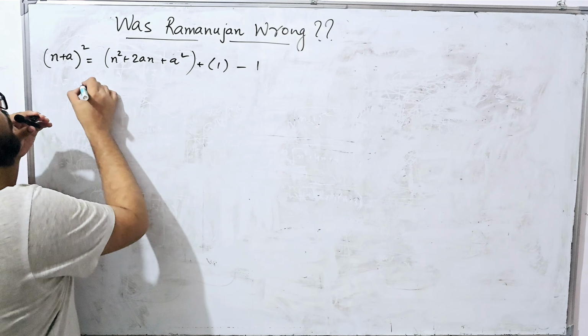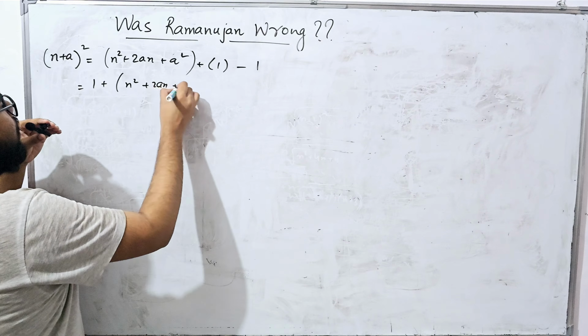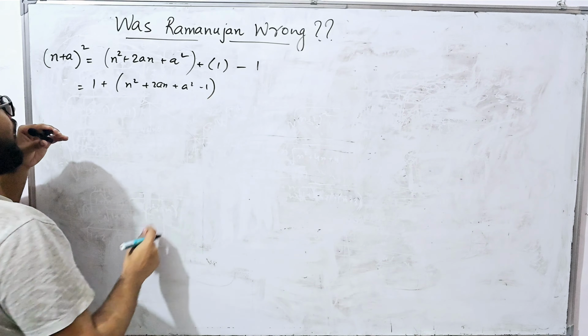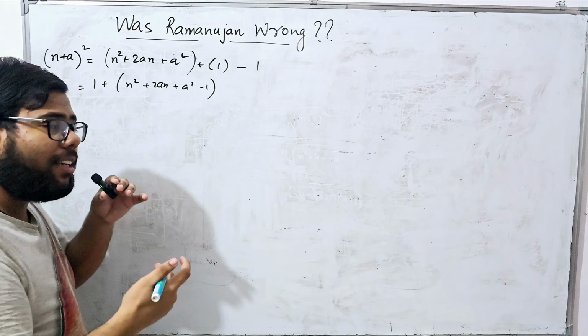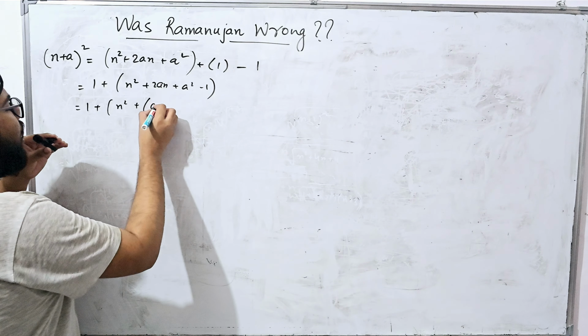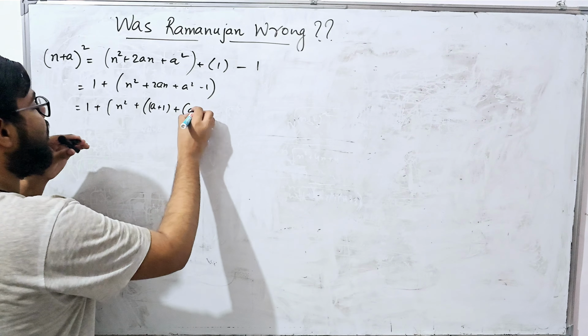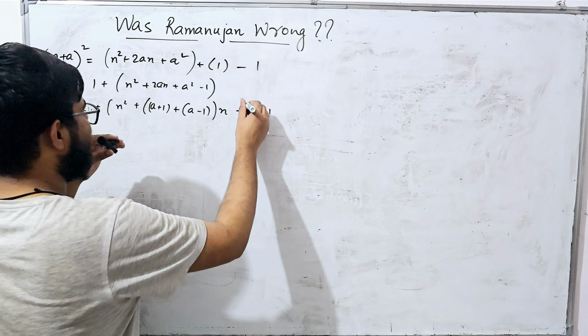Let's do it. So we get 1 plus n square plus 2an plus a square minus 1, right? This is the expression. Now you can factorize this expression very easily. Let's see how. You get 1 plus n square plus a plus 1 plus a minus 1 n plus a square minus 1, correct?